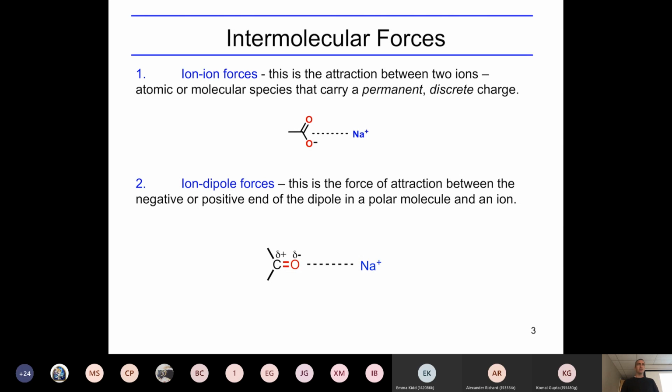If you have ions in solution, ions will strongly attract other ions by a type of intermolecular force we call ion-ion. Very clear name, very obvious what it means. So you can have an organic anion. What's that one called? It's acetate. It's the conjugate base of acetic acid.